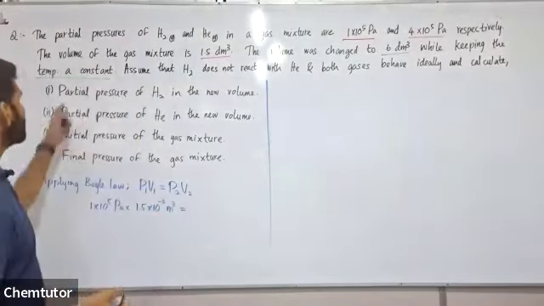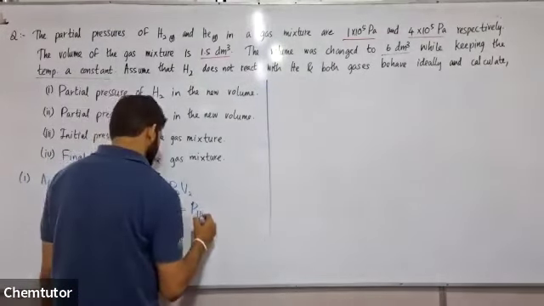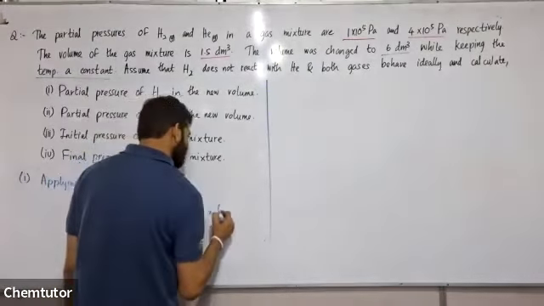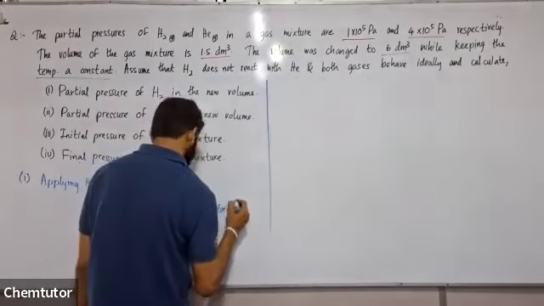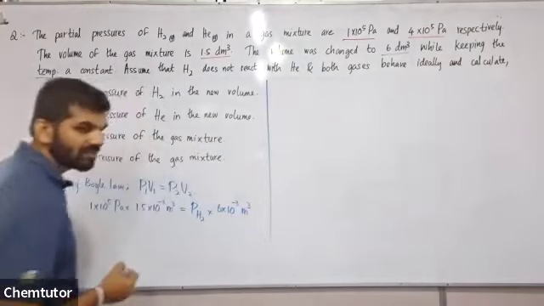Then we need to find the new partial pressure of H2, say pH2, and the new volume is 6 cubic decimeters, that means 6 into 10 to the power minus 3 cubic meters.